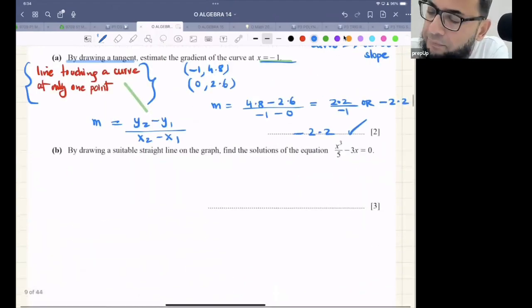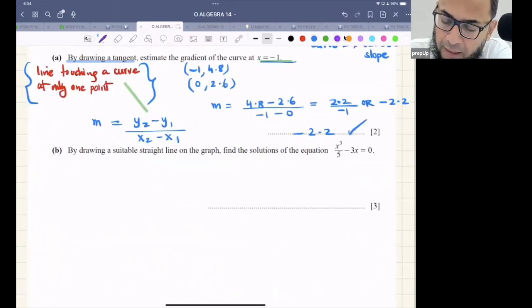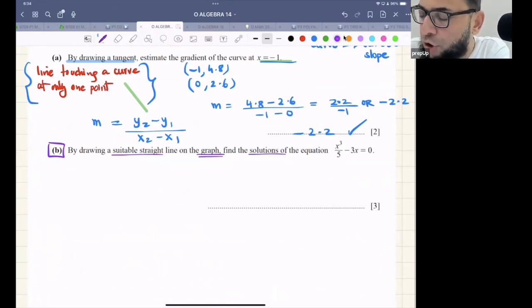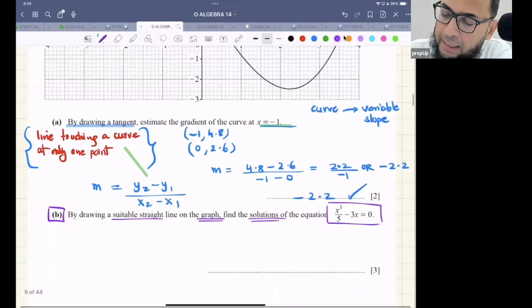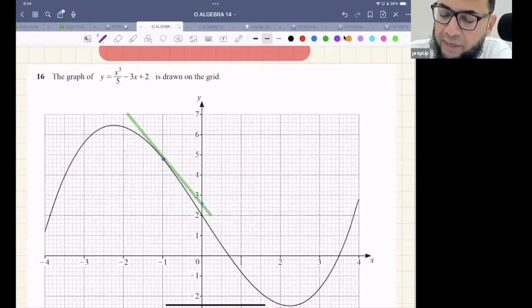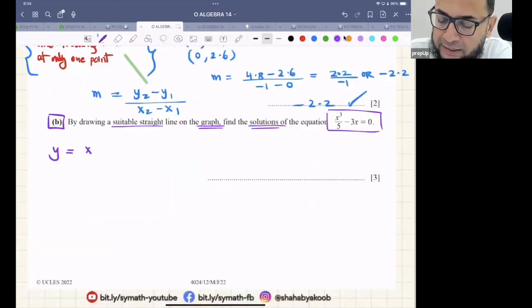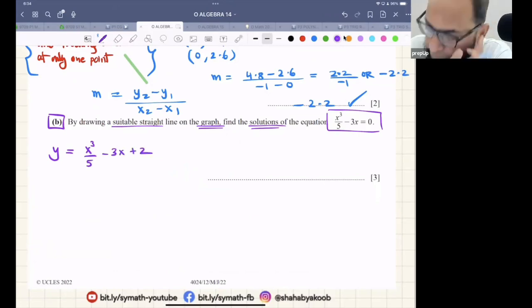Now another new thing: by drawing a suitable straight line on the graph, find the solutions of the equation. Now what is the thing that you have drawn? We have drawn y equals x cube over 5 minus 3x plus 2. And now we want this equation. So what do we have?